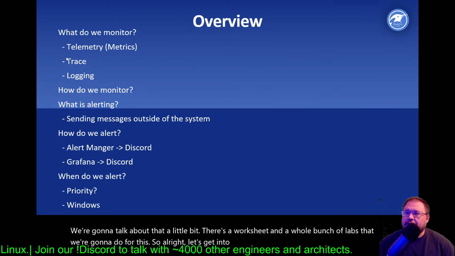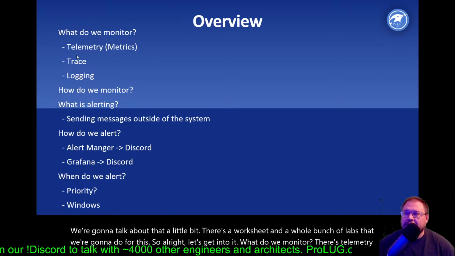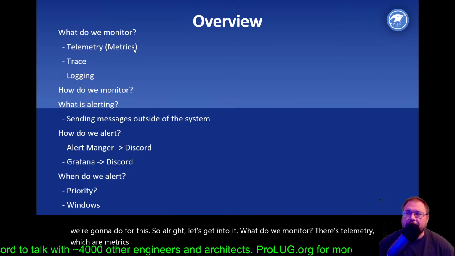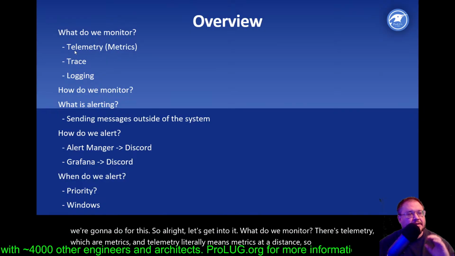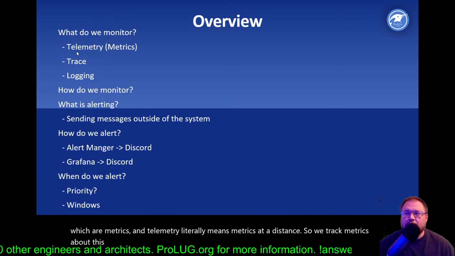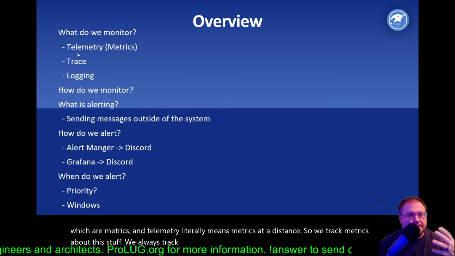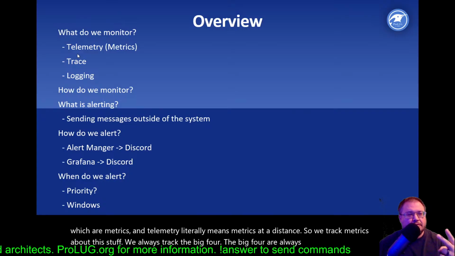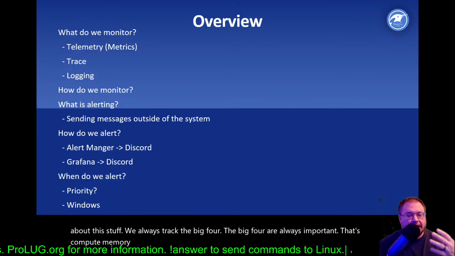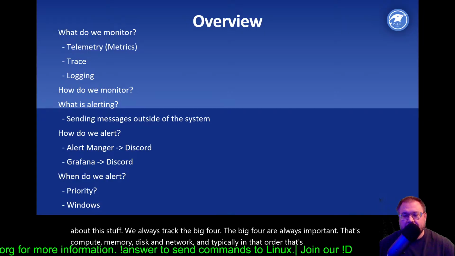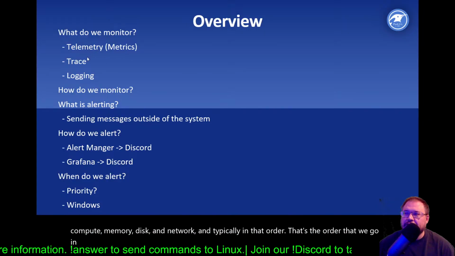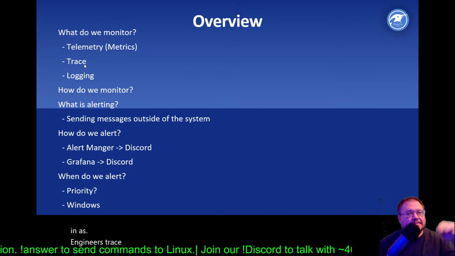What do we monitor? There's telemetry, which are metrics, and telemetry literally means metrics at a distance. So we track metrics about this stuff. We always track the big four. The big four are always important. That's compute, memory, disk, and network, and typically in that order. That's the order that we go in as engineers. Trace is a process as it flows through the system.